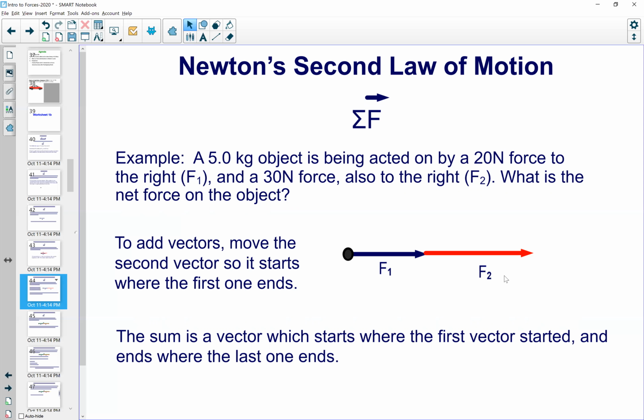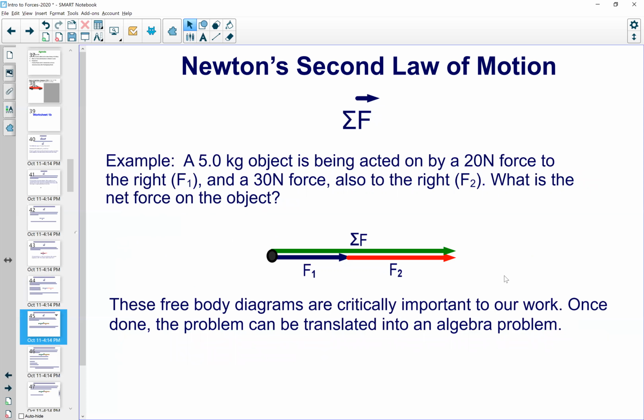So that's the big picture of where we'll be going eventually. But these are both horizontal, and they're both even going the same direction, so it's a pretty simple scenario to consider. In the end, the sum of those two forces is just the vector that represents the length of them. Since there's no angle, we can't really create a triangle, but it would be the length of them.